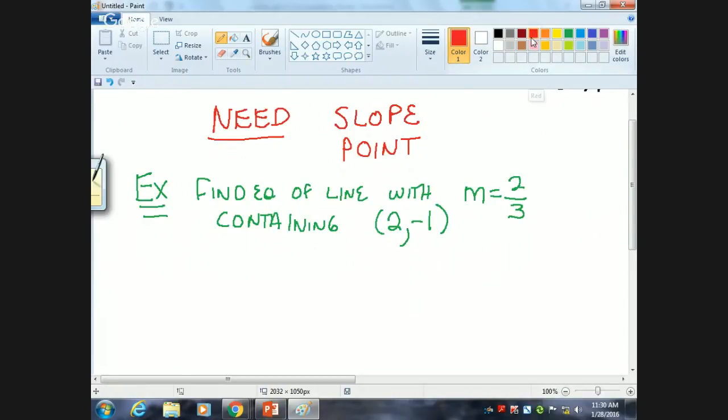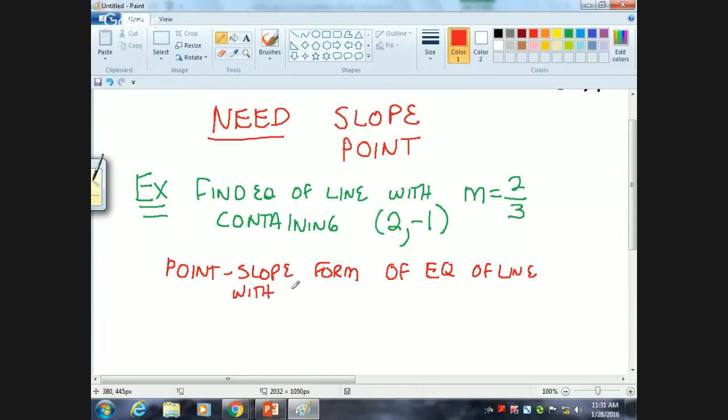And we've got a rule or a kind of a formula that helps us. That is the point-slope form of the equation of a line with slope M and containing point x1, y1.